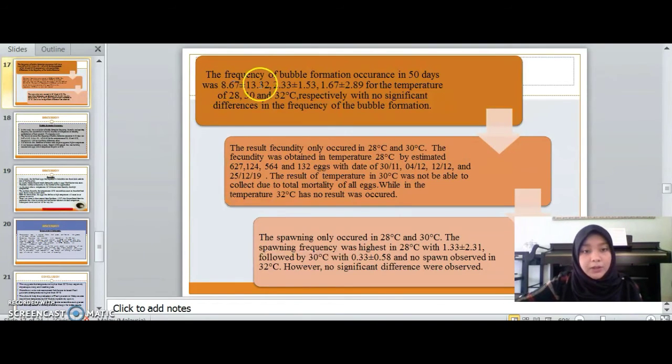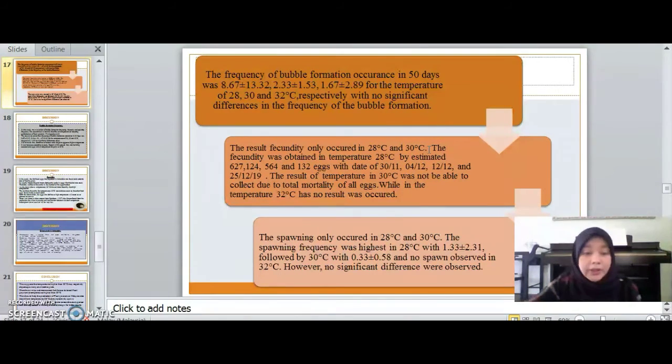The frequency of bubble formation in 50 days was 8.67 plus minus 13.32, 2.33 plus minus 1.53, and 1.67 plus minus 2.89 for the temperatures of 28, 30 and 32 respectively, with no significant difference in the frequency of bubble formation. For the result of fecundity, it only occurred at 28 and 30 degrees Celsius.